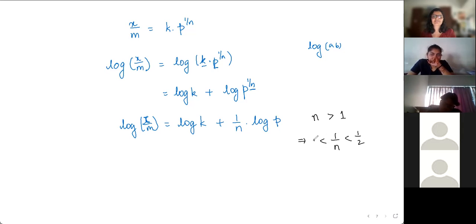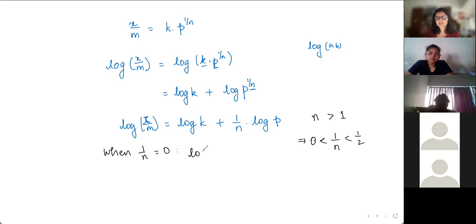What is 1 by infinity? Value kitna hai? 0. So 1 by n will range from 0 to a value less than 1, like 0.5, for integral values. So if you apply that to this equation, when 1 by n is equal to 0, what will log x by m be equal to?